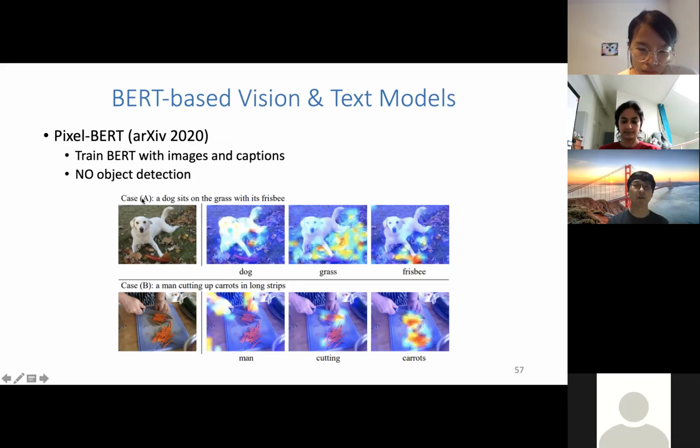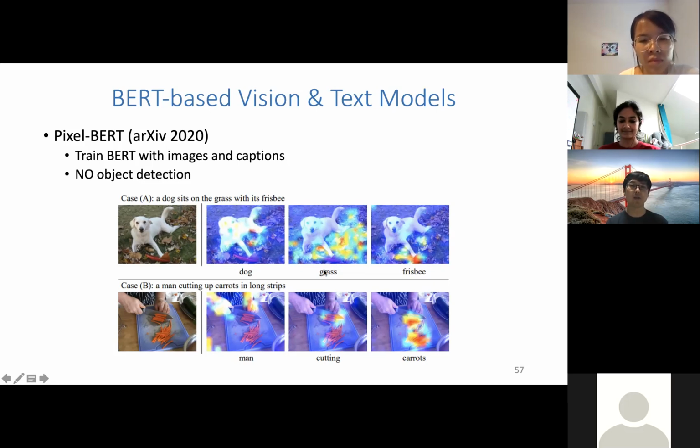For example, here this is the true image, and this is the true sentence: a dog sits on the grass with his frisbee. If you look at what the model is doing, when embedding the word dog, it is attending to the dog pixels, which are highlighted here. Maybe this part is not doing a good job, but at least this part is.